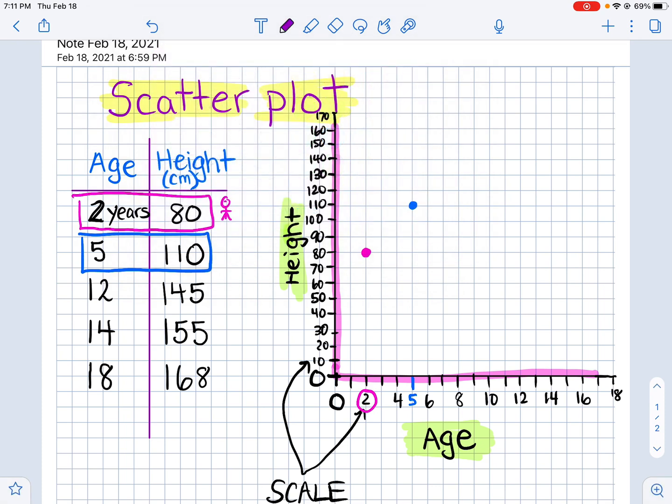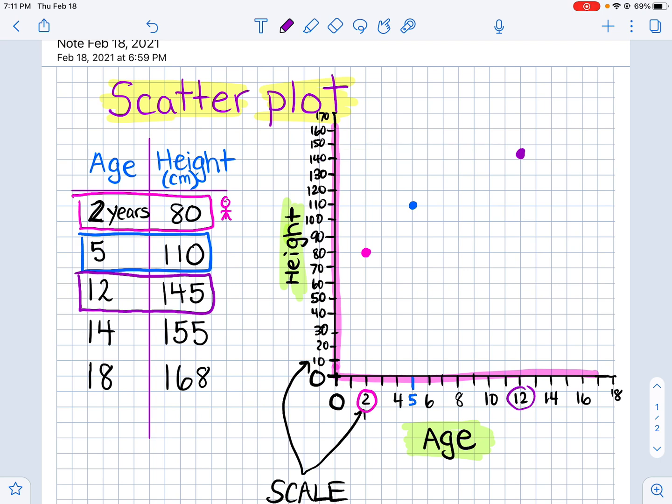How about the next one? Someone who's 12 years old is 145 centimeters. So I find 12 years old and I go straight up to 145, right about here, because see how that's right in between 140 and 150?